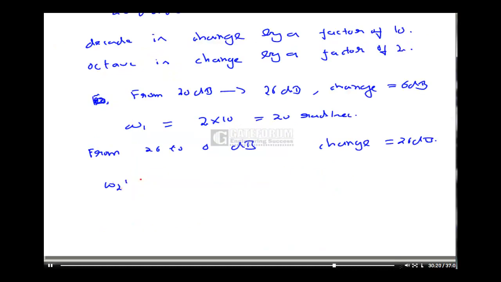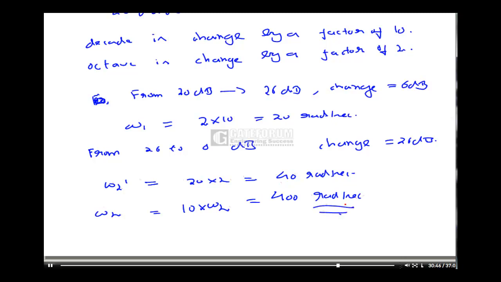Omega 2 dash will be nothing but 20 into 2, which is equal to 40 radians per second. From 20 dB, again the slope is minus 20 dB per decade. Omega 2 will be 10 into omega 2 dash, which is equal to 400 radians per second. So this is the solution, the value of omega 1 and omega 2.